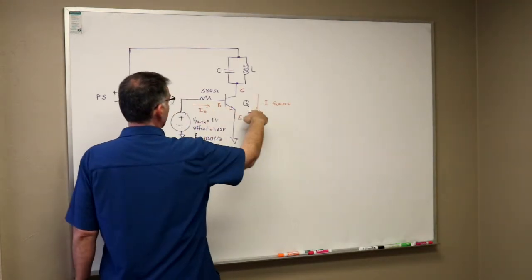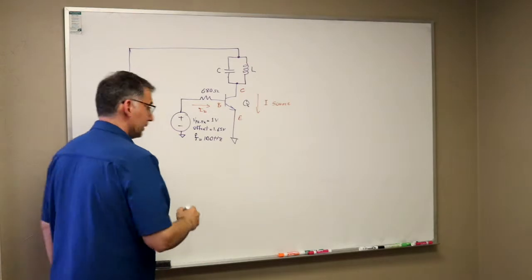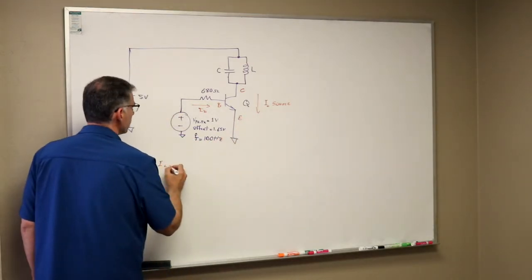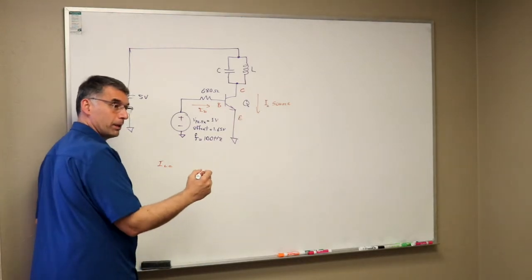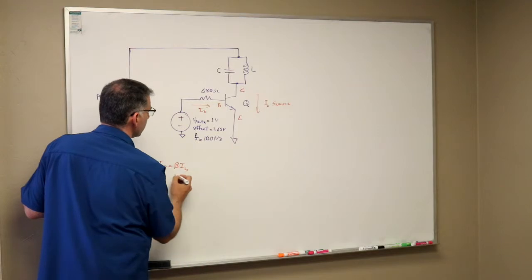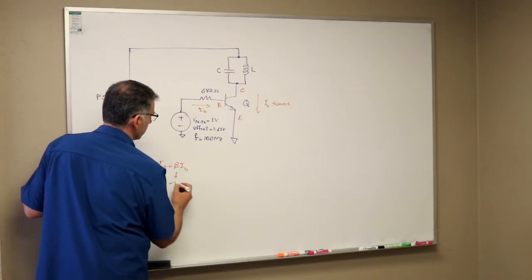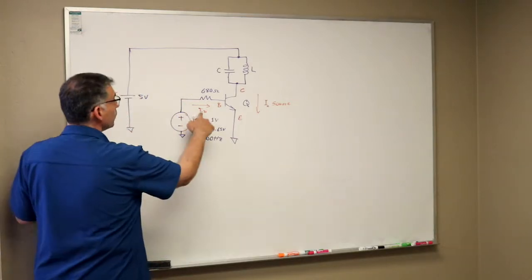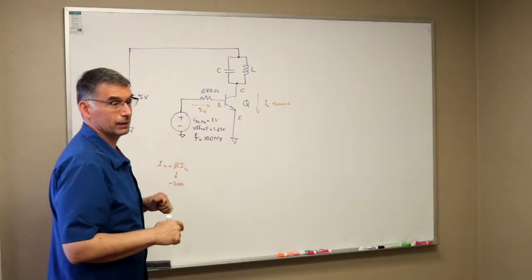So this is an amplified version of that. We'll call this IC. IC was equal to what? Do you remember? It was beta IB, right? And this beta was around 200, right? And then, so how do we set this current?